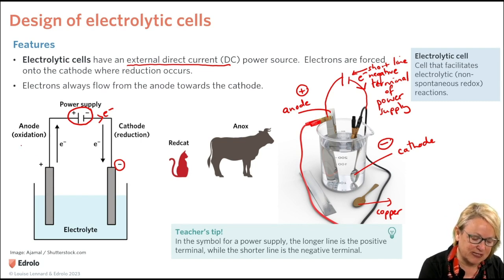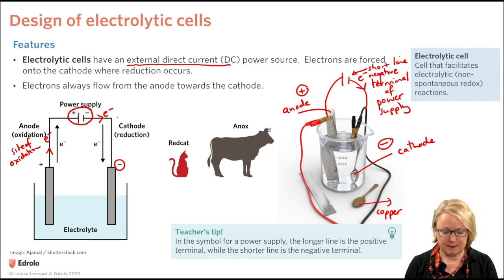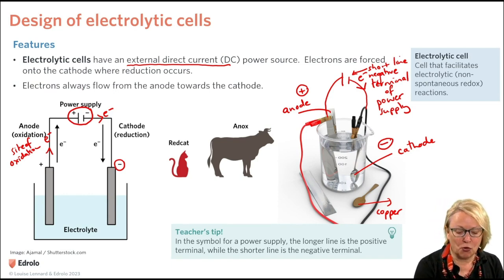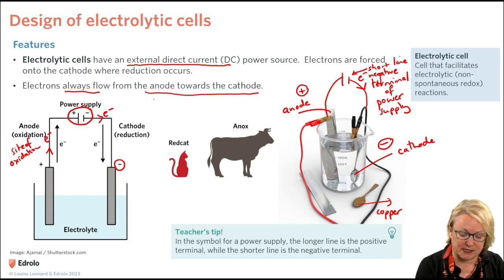So the electrons are leaving the site of oxidation. That's where electrons are being produced, and then they flow back into the power supply and back through the wires. So electrons always flow from the anode to the cathode, and the electrons only ever flow through wires, through the external circuit.